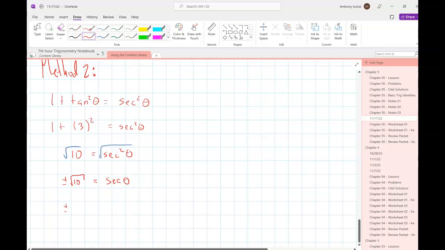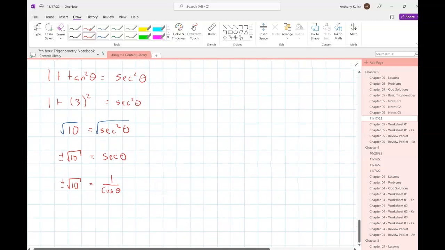And then secant is 1 over cosine. And if I do the reciprocal to both sides, I say that cosine is plus or minus 1 over the square root of 10.